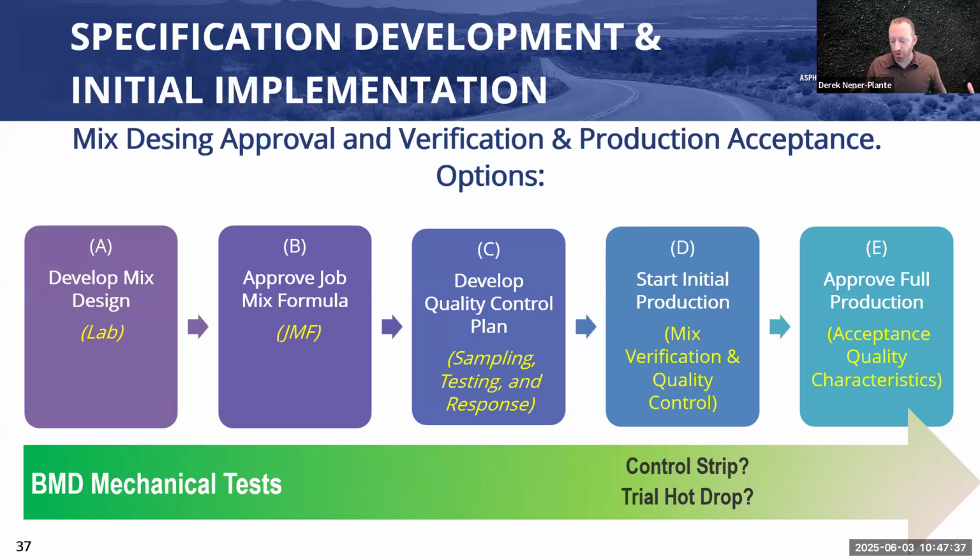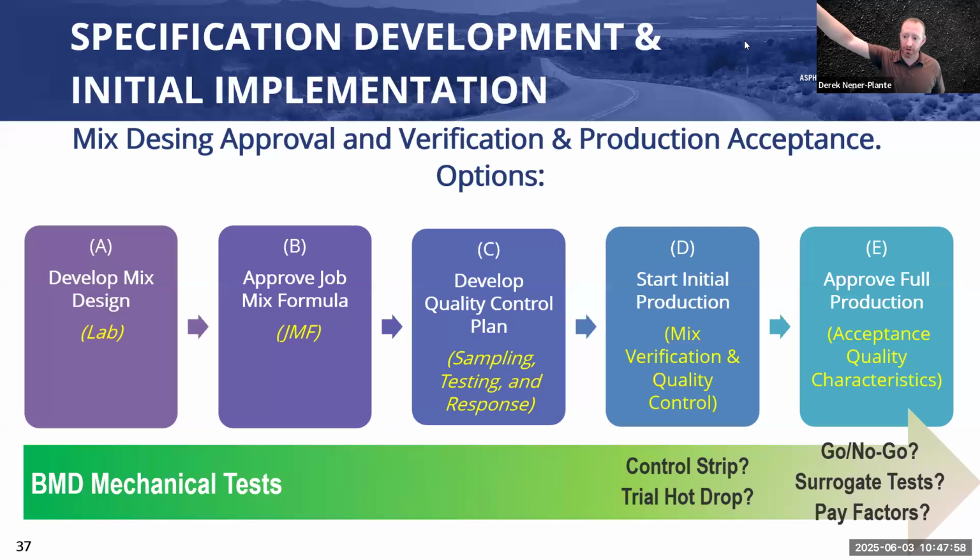So this could be a control strip, a hot drop. You're using real mix that's going out on the road, but it's not necessarily your everyday quality characteristic. And then finally, you get to the right. You have the idea of using it to approve in full production or as a quality characteristic. But even that has levels, like Tim talked about. It could be used as production monitoring, not tied to payment. Maybe a go, no-go, or something that's watched during production, but not necessarily tied to full payment procedures.